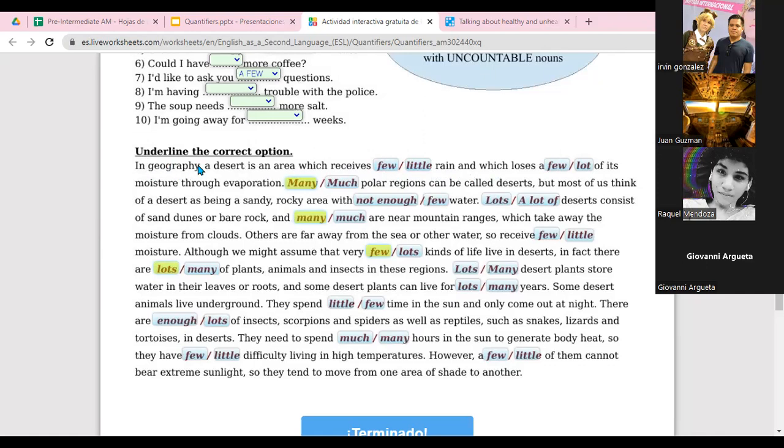Okay. In geography, a desert is an area which receives few or little rain and which loses a few or a lot of water through evaporation. Okay, stop here. What do you think? Few or little?